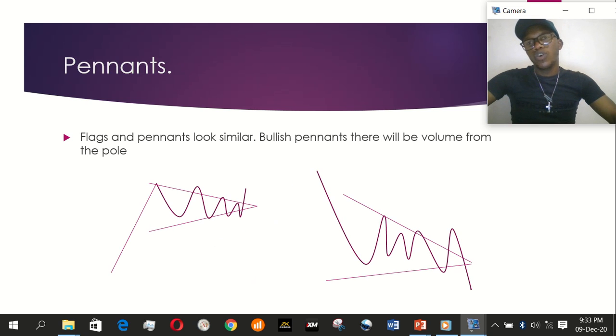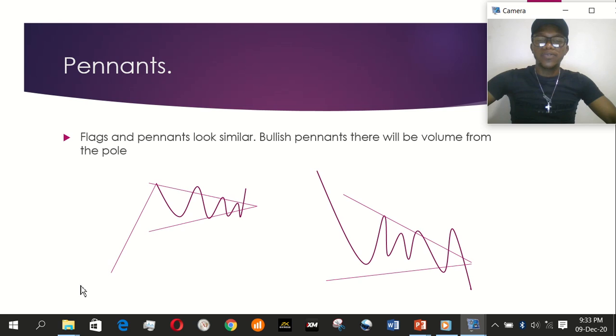There is also what you call pennants. Flags and pennants look similar, but they are not the same. So, bullish pennants, they will be from volume to the pole. You see, that is what we call the bullish pennant. It is similar to the flag because of these poles, but not the same because pennants are rectangles with the poles.